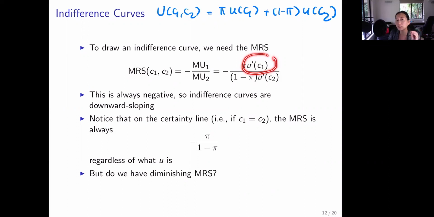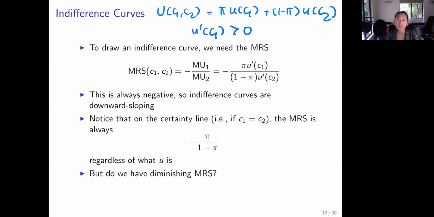What does it mean? It means that if it's positive, when there is more consumption in state 1, or higher wealth in state 1, then you will be happier, right? U prime of C1 is positive. That means when C1 increases and you have more wealth, then your total utility increases. You will be happier. It's kind of monotone.